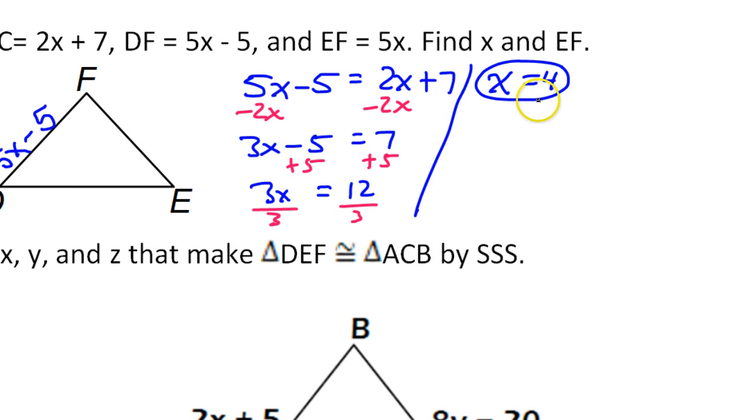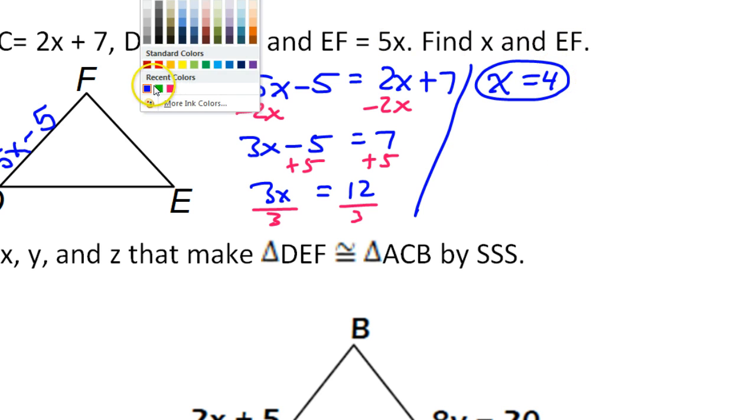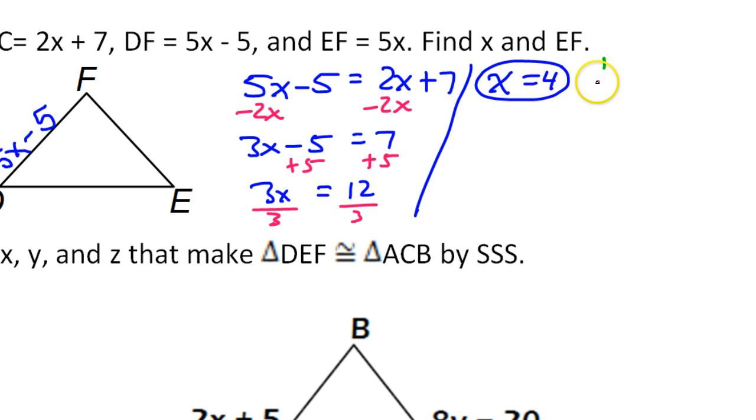Now that I know that x is equal to 4, I found x, that's great. I should now be able to find EF. So EF is 5x. So that makes this 5 times 4.